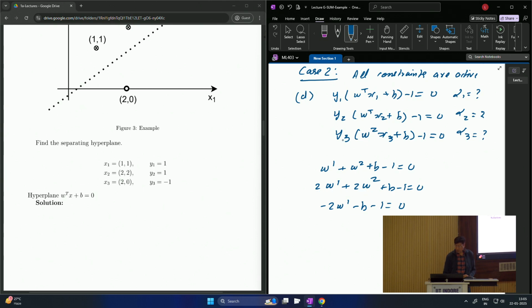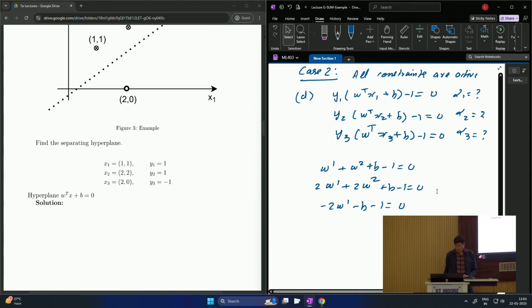This is plus 1, this is minus 1, and this is 2 comma 0. So you just get twice w1, w2 will not play a role, and with a minus, minus 2w1 minus b minus 1 equal to 0. Everybody with me? Okay.